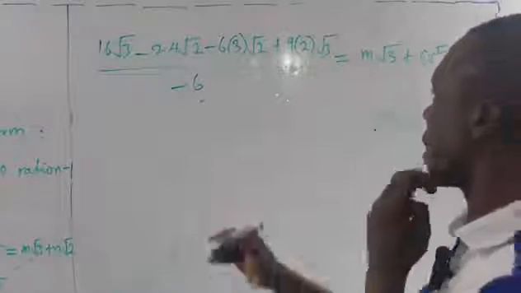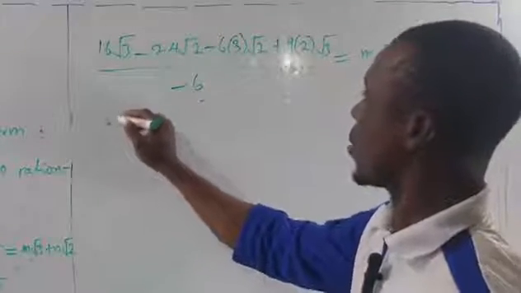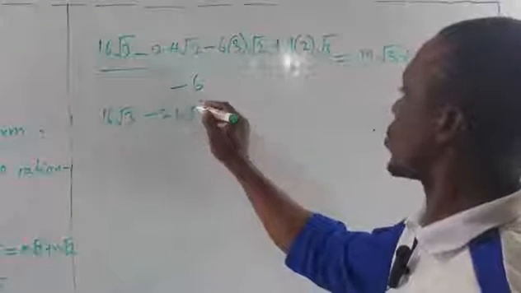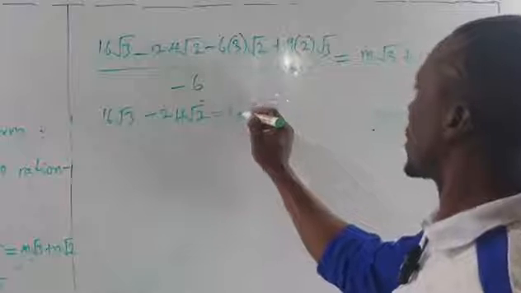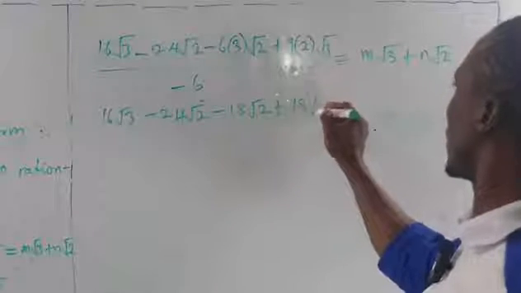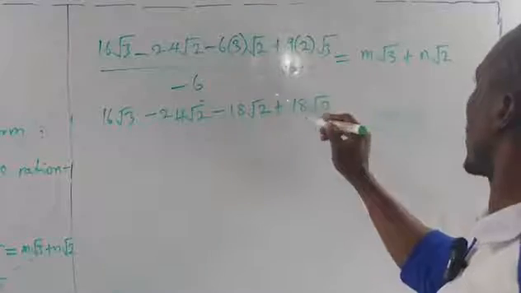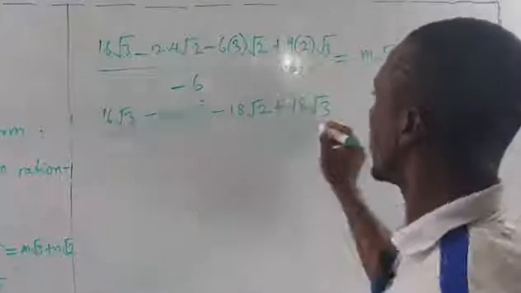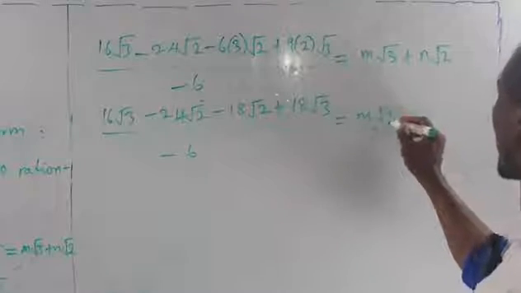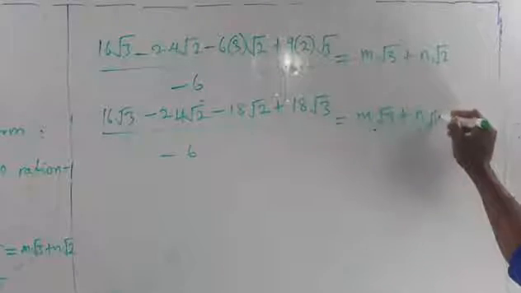So after this, we are going to have 16 root 3 minus 24 root 2 minus 18 root 2 plus 18 root 3 all over minus 6 equal to m root 3 plus n root 2.